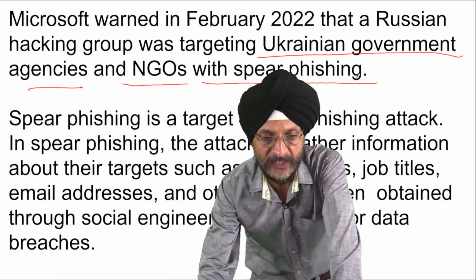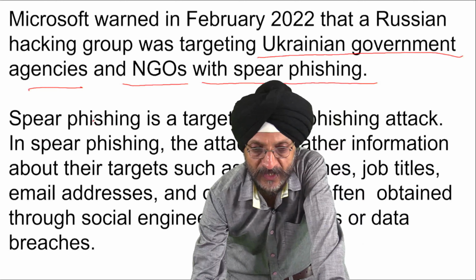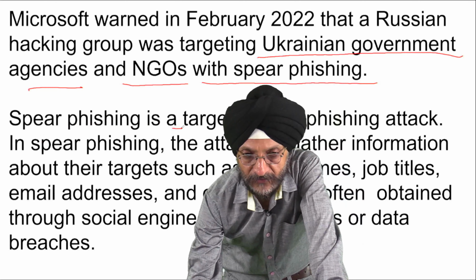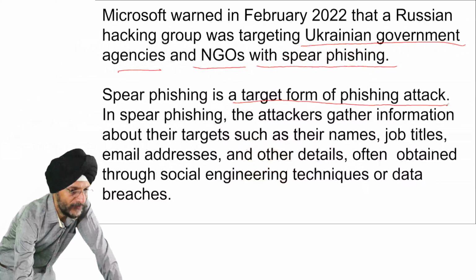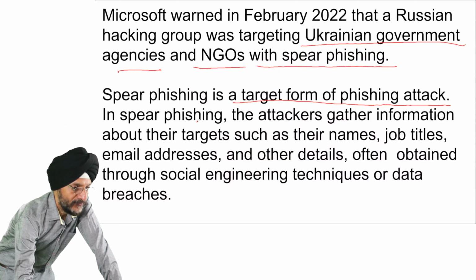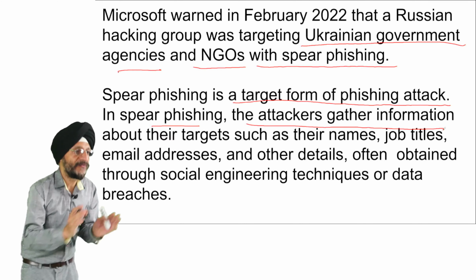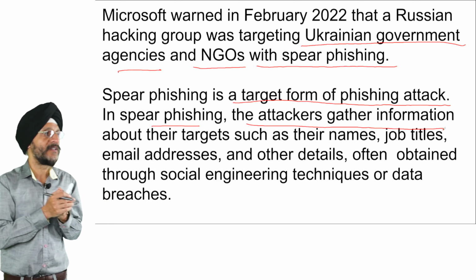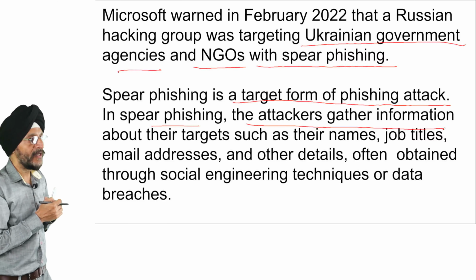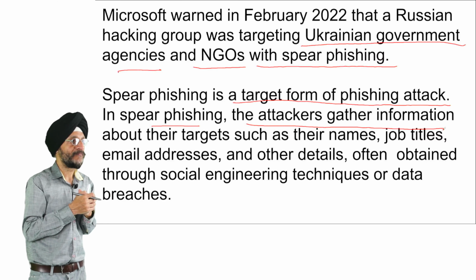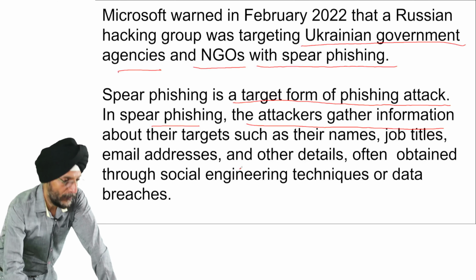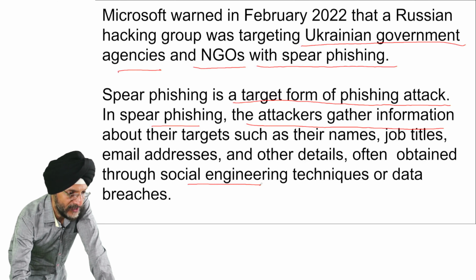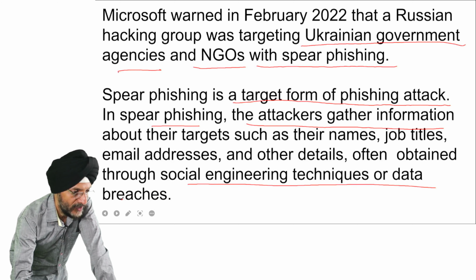So now we will discuss what is spear phishing. Spear phishing is a targeted form of phishing attack. In spear phishing, the attackers gather information about their targets, such as their names, job titles, email addresses, and other details, often obtained through social engineering techniques, data breaches.